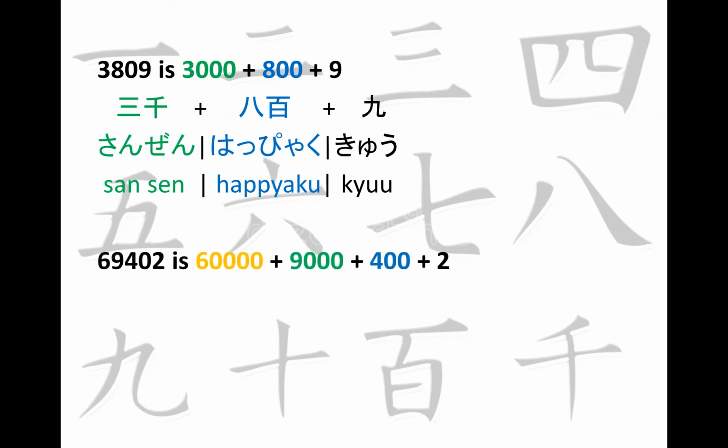Now, a bigger number. Now we're into 5 digits. 69,402. How do we say this in Japanese? Wherein we have 60,000, 9,000, 400, and a 2. Let's see.